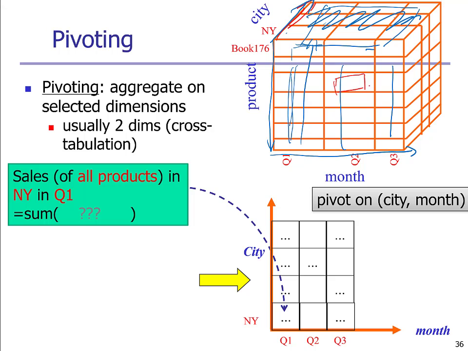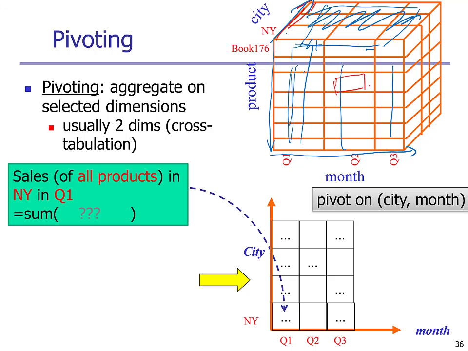So what we do is we apply an aggregate function. Then we gain the information over the whole dimension, to reflect it on a new layer with 2 dimensions, city and month, right?